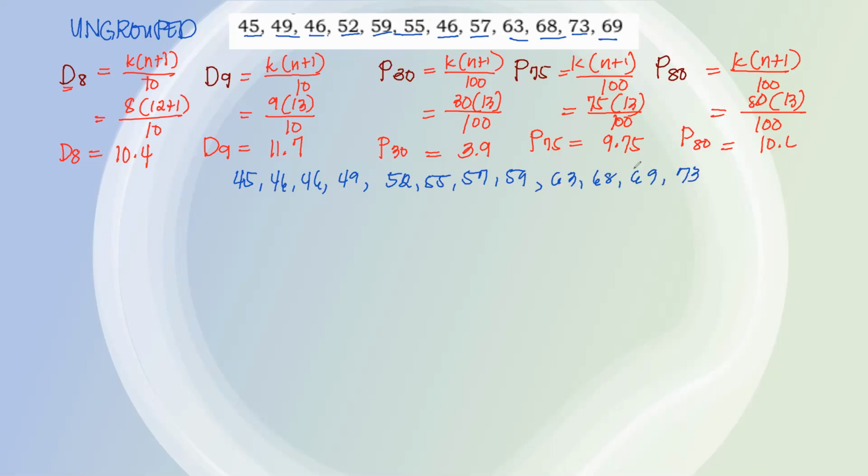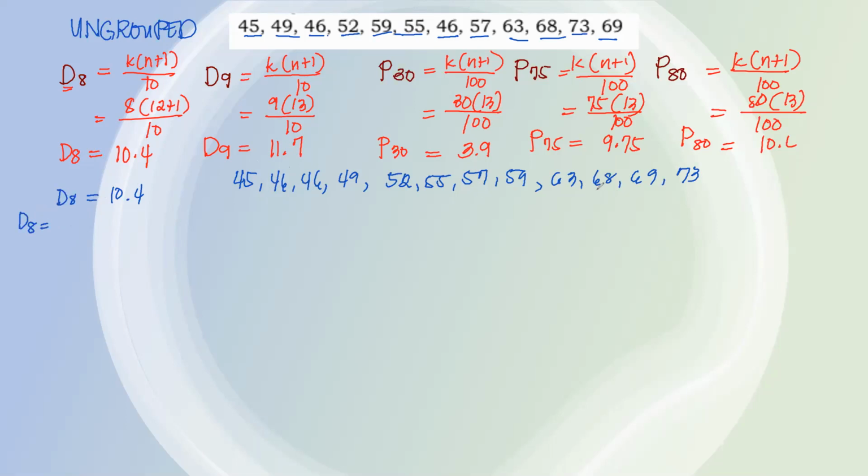Okay. So, hanapin natin yung 10.4. So, D sub 8 muna tayo. D sub 8 is equal to ang 10th na data. Sa pagitan siya ng 10th and 11th. 1, 2, 3, 4, 5, 6, 7, 8, 9, 10.